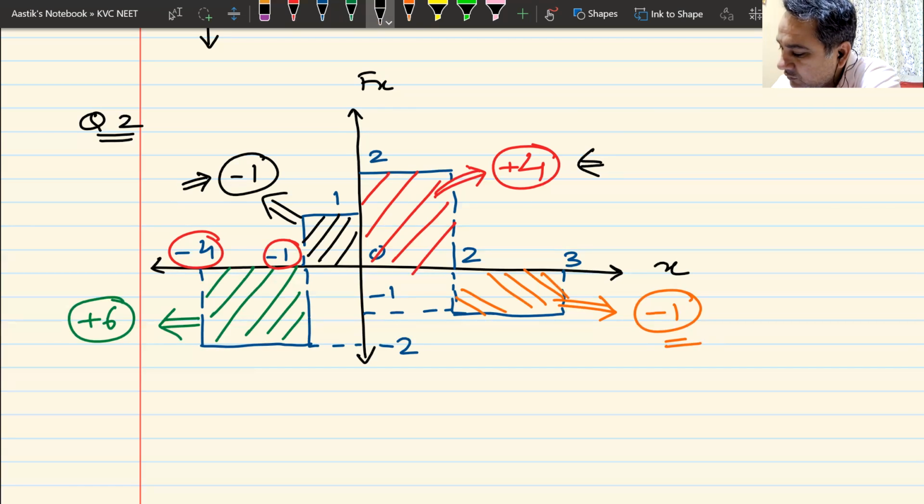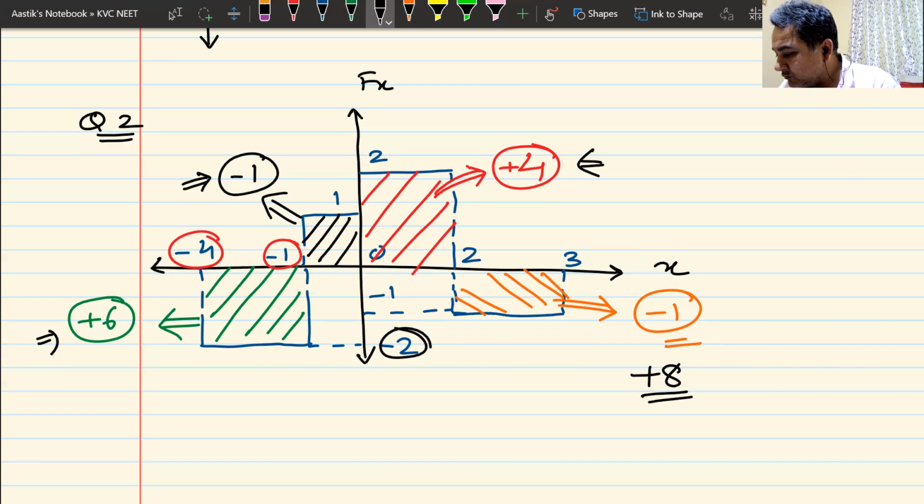This is +4. And this is +6. So our answer would be +8. Am I correct? Sir, it's -6 now, sir. It's not -6, it's +6, beta. No, sir, between -1 and -4, it will be -3. Yeah. So -3 multiplied by 2. It will be +3 now, sir. +3 into -2.